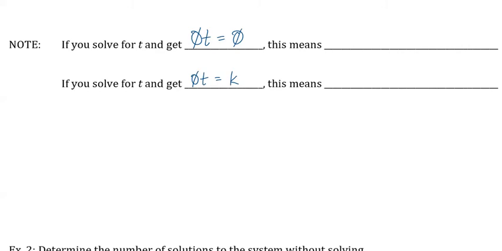So first one means what? Which of our three scenarios is that? Yeah, on top of each other. Yeah. So this means they are parallel and coincident, infinitely many solutions.